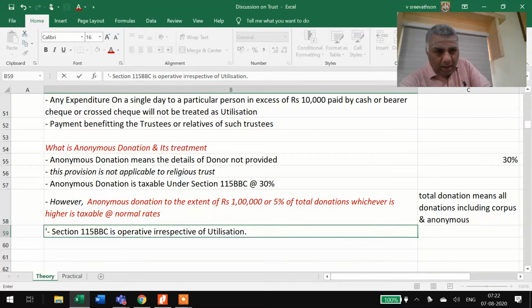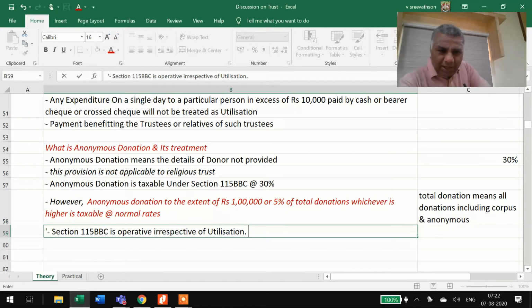Sir, my donation, my business receipt is more than 25%, but I have used it for the purpose of the general utility, for the purpose of object of the trust. Am I claiming exemption?